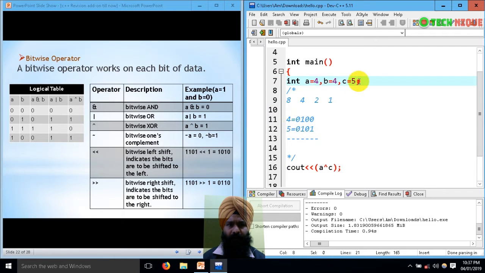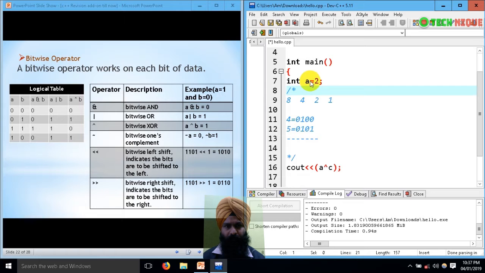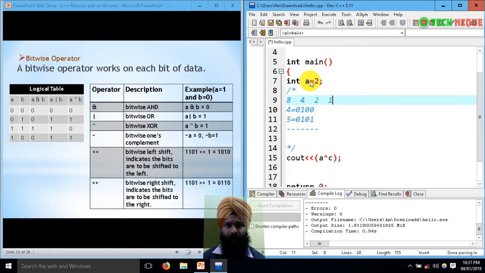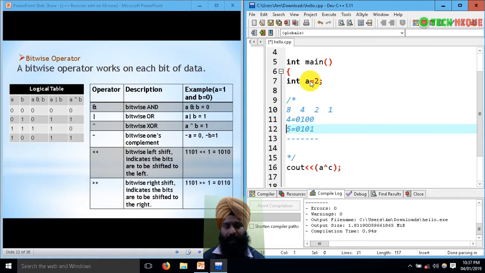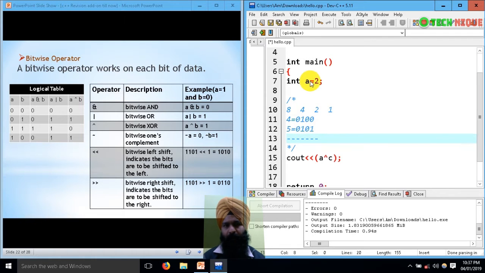So let's take a simple example, a equals 2. Now this is a little bit tedious, that's why I already defined how the computer is going to store these values. Until now we have worked with just the binary equivalent of a decimal.